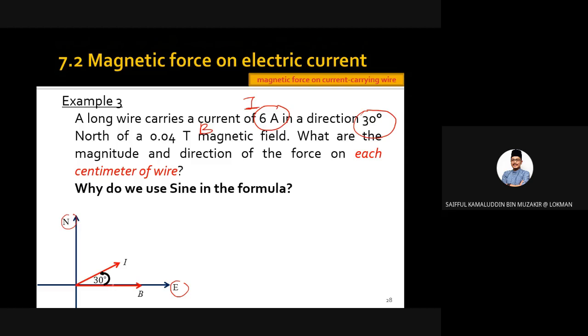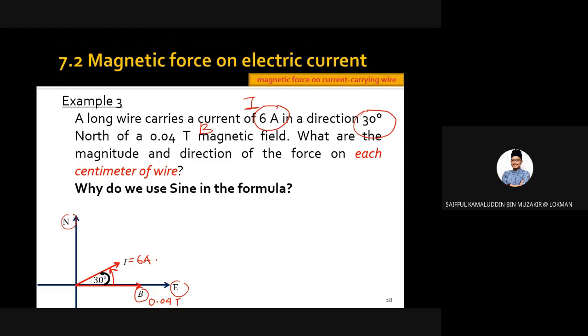Counterclockwise direction, 30 degrees to the north, like this. So this is our B. And our B is 0.04 Tesla. And this is our I. This is 30 degrees to the north from the magnetic field. And our I is 6 ampere.